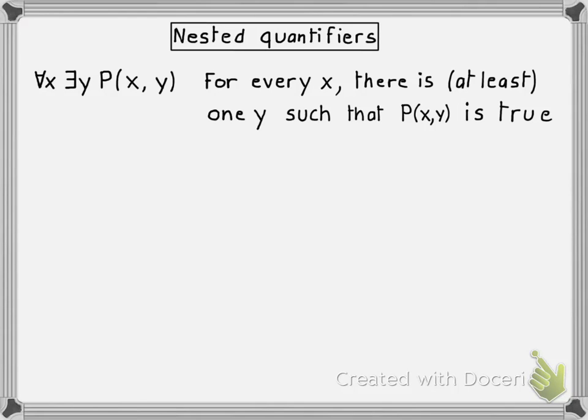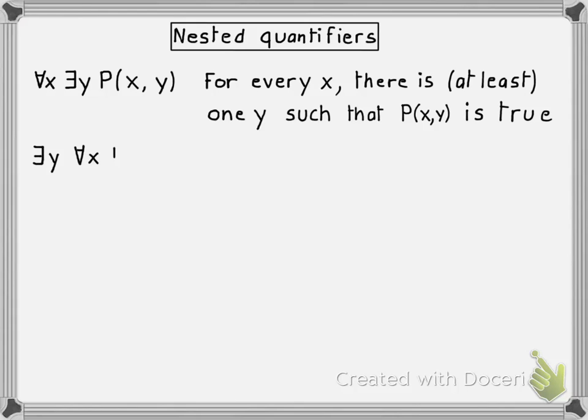Now let's consider a second example of a proposition of predicate logic with nested quantifiers. Instead of taking a completely different one, let's take one that also only has the predicate P, but this time we're going to add the quantifiers in the opposite order.